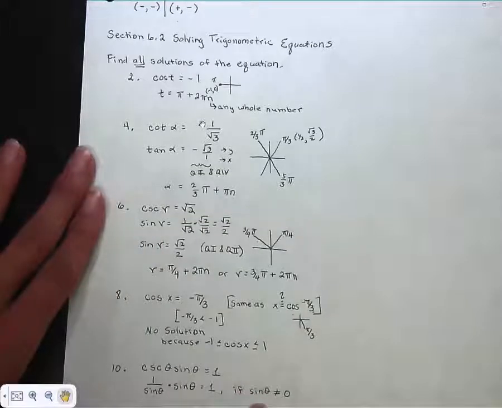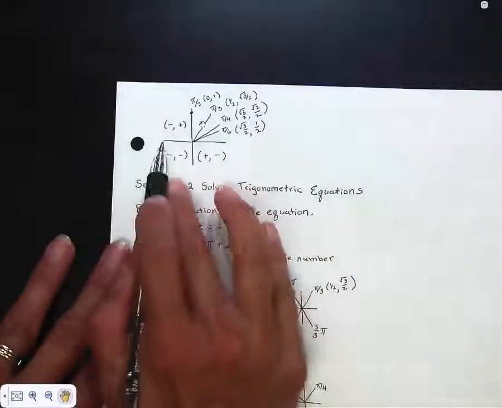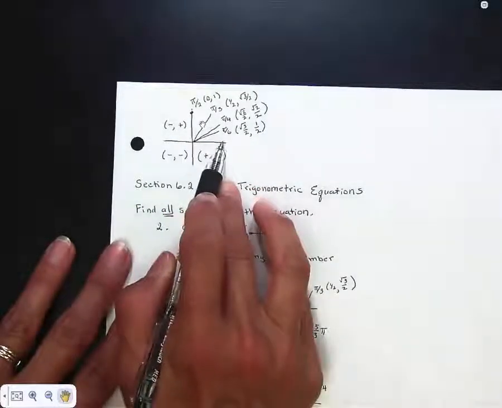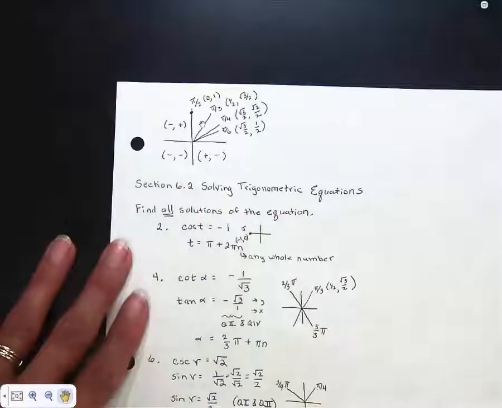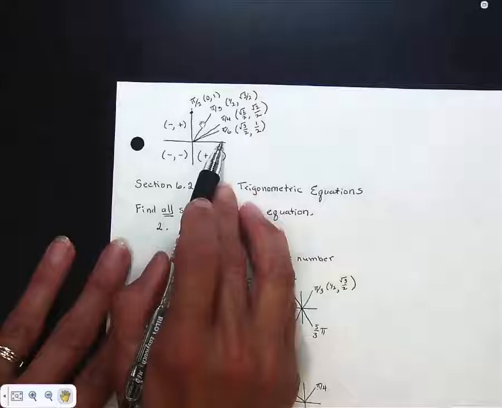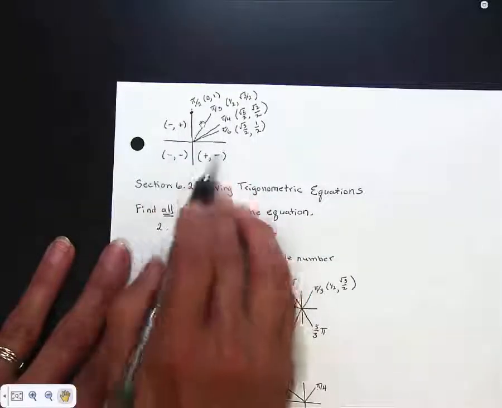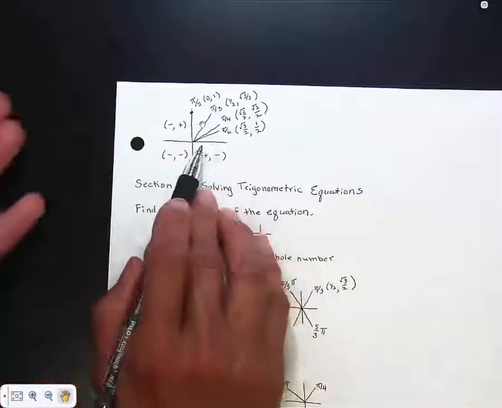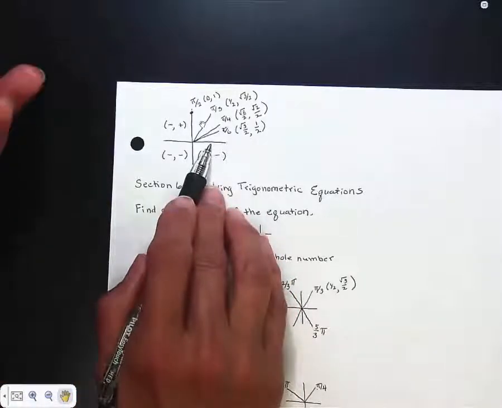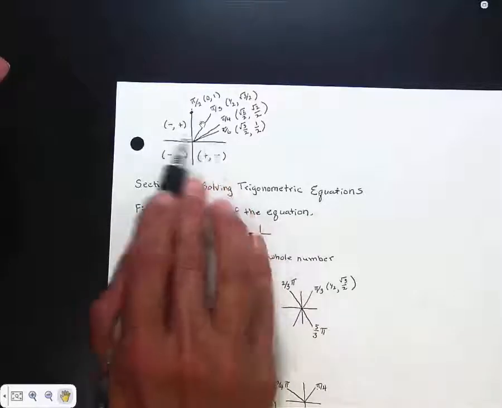Your y-coordinate is 0 on the x-axis at 0 radians and at pi radians. Or I could say 0 radians plus all the multiples of pi radians. In other words, sine is 0 at all the whole pi's: 0 pi, 1 pi, 2 pi, 3 pi, 4 pi, 5 pi.